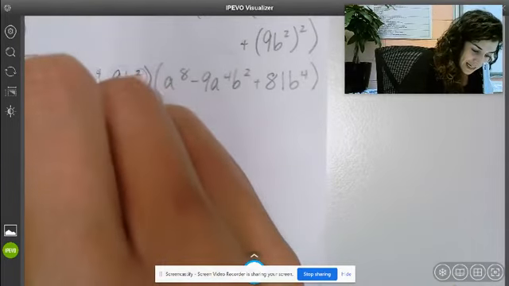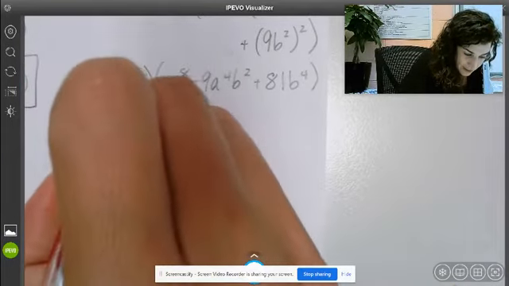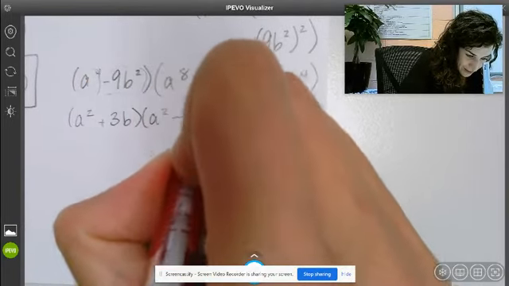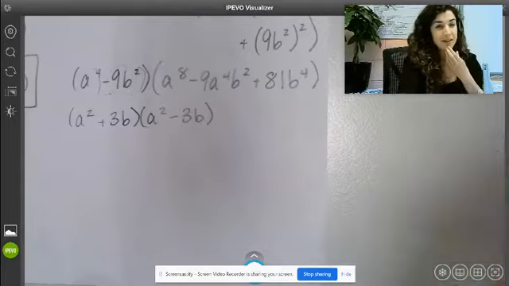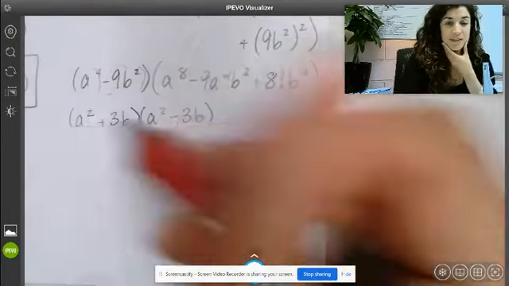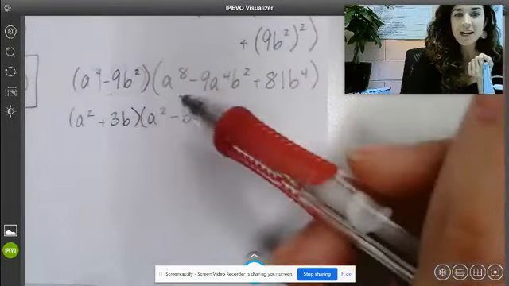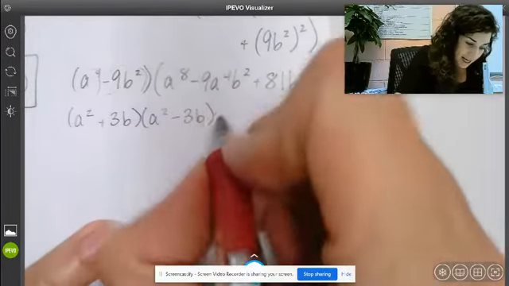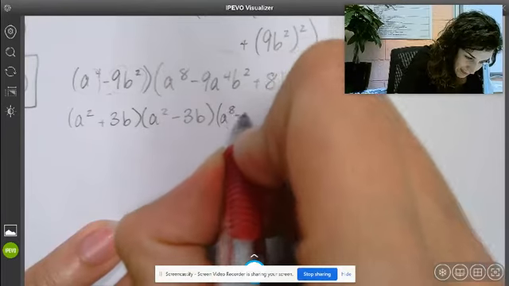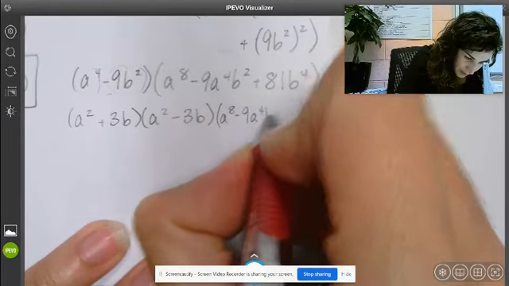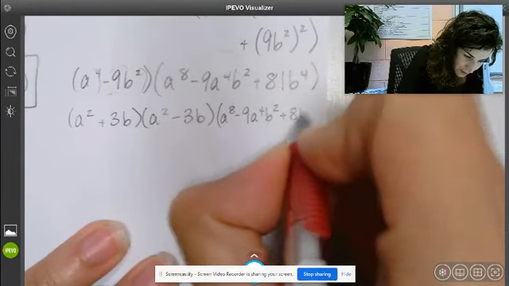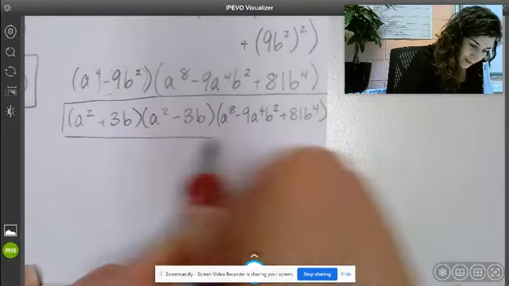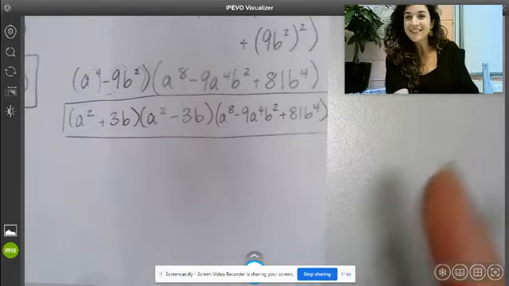And I have a squared plus 3b times a squared minus 3b. Square root both of those terms, put them on either side, and have one that's plus and one that's a minus. And then I have a to the 8th minus 9a to the 4th b squared plus 81b to the 4th. That one was a really hard one. Good job.